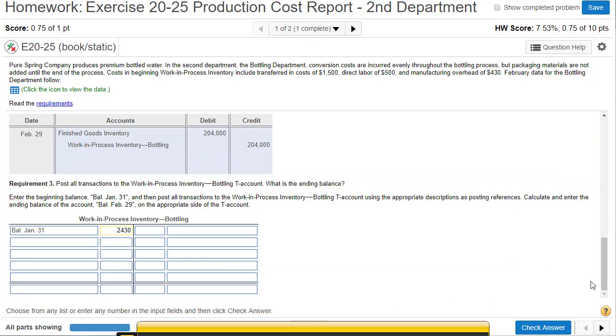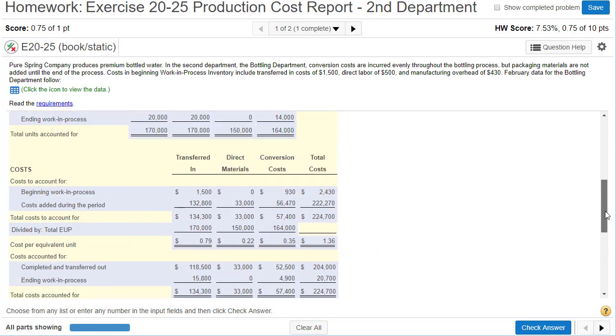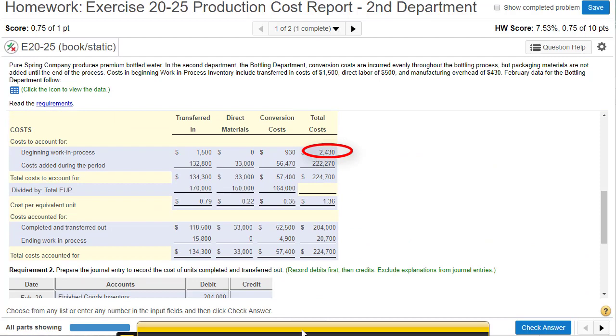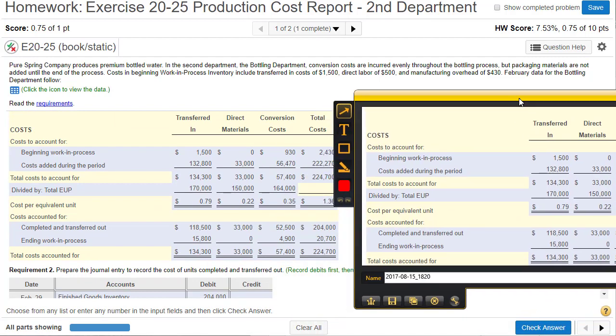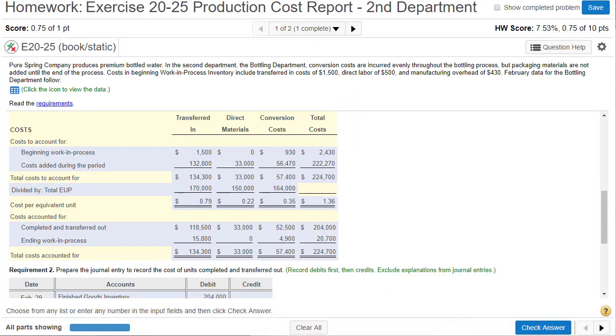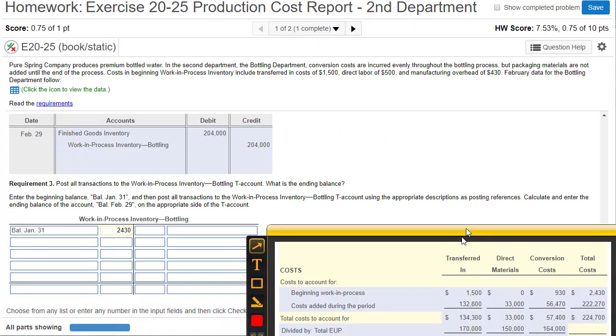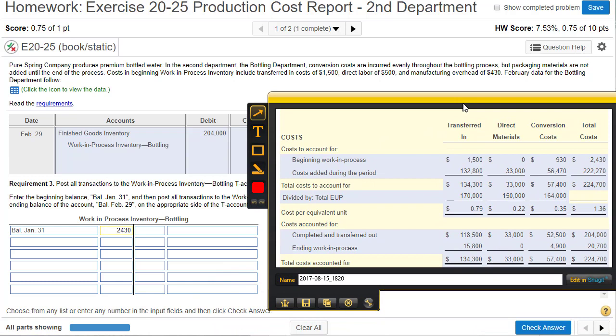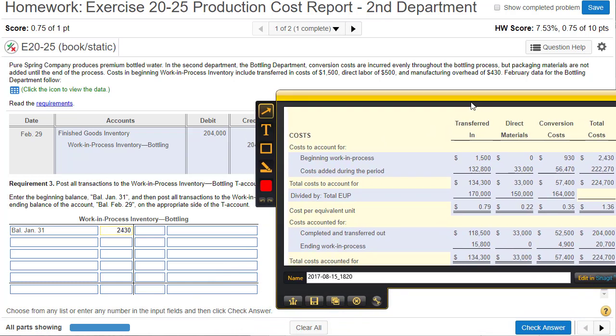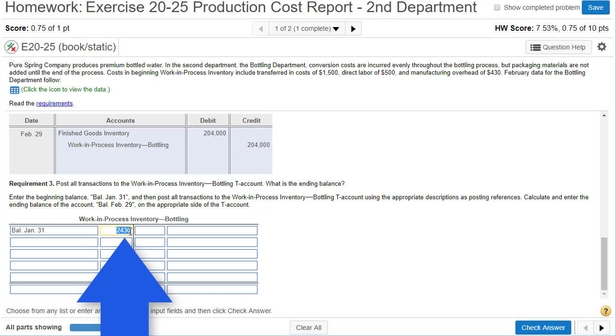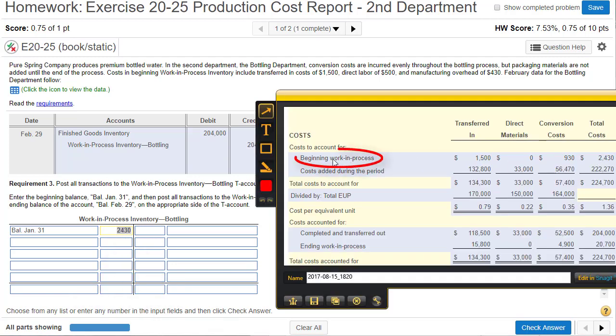Now, I could scroll up here, but I've got a screenshot of the same information so that we don't have to scroll. On your computer, you can just make your screen bigger. I'm limited by the screen size I have. So the 2430 for this right here came from beginning work in process total costs.